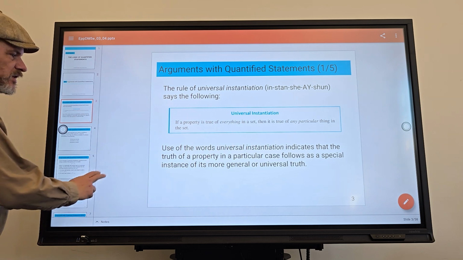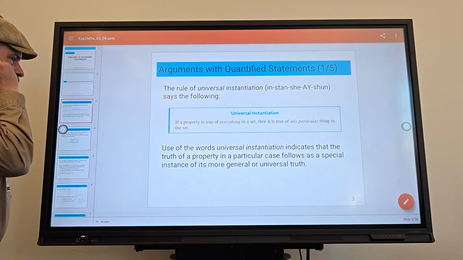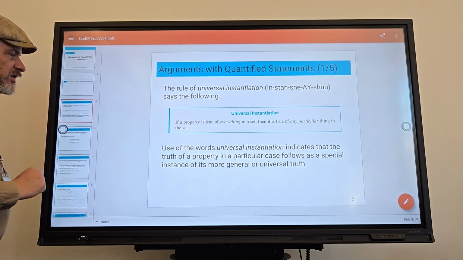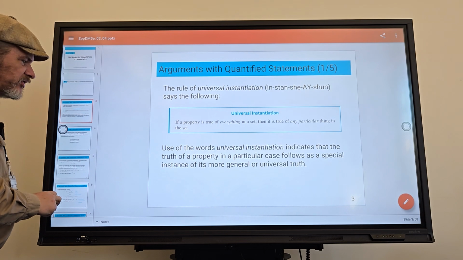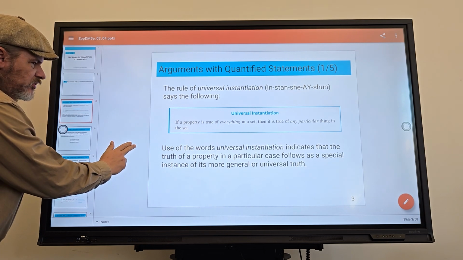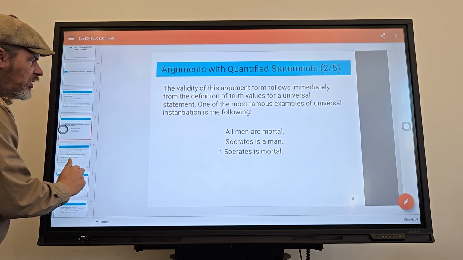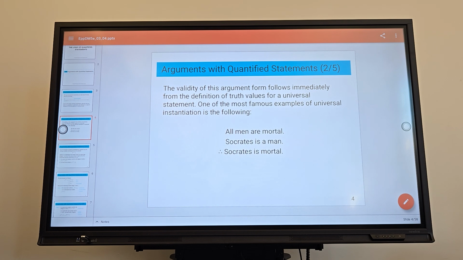More precisely, a particular case follows as a special instance of its more general or universal truth. The validity of this argument form follows immediately from the definition of the truth values for a universal statement.